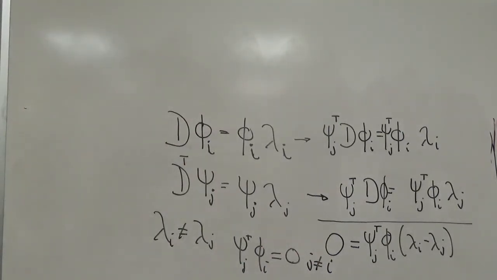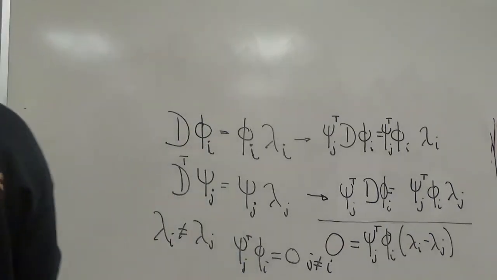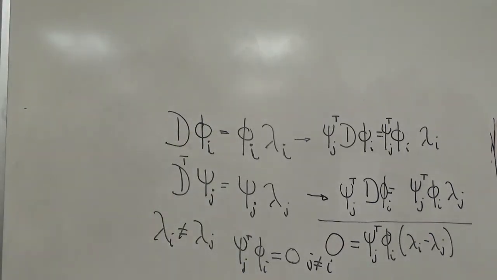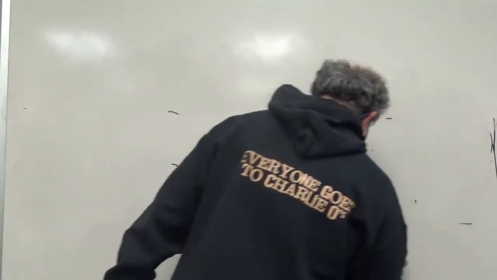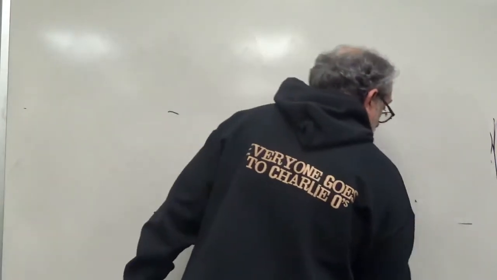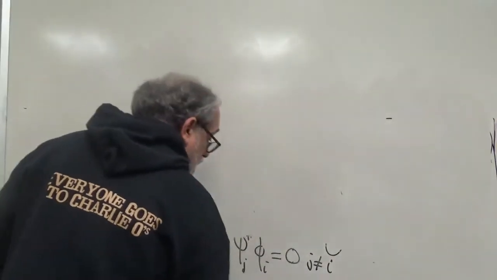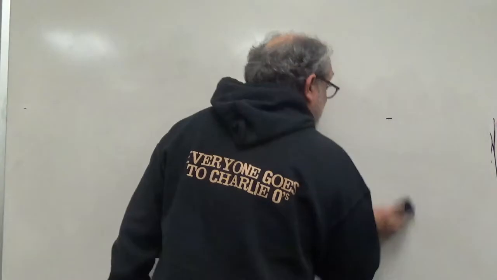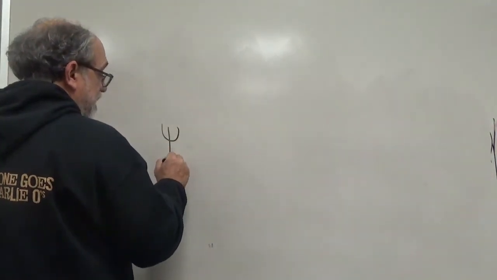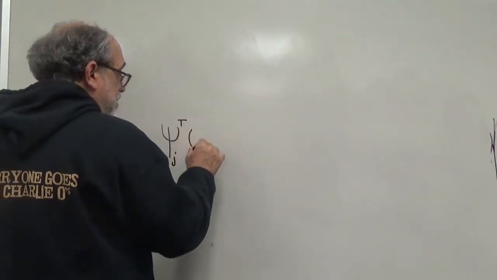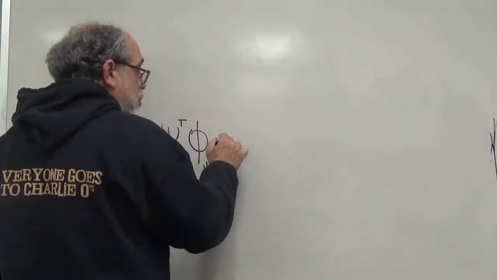Okay? Now, of course, we can normalize such that the left side j transpose times the right side j is of course not equal to 0.